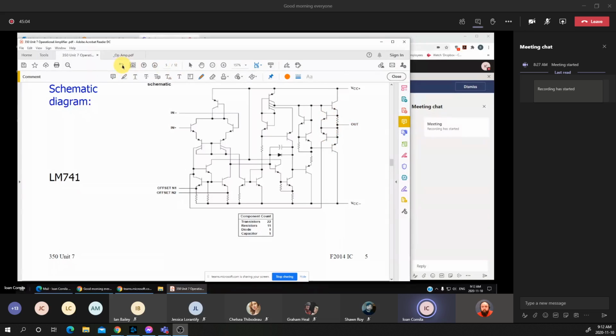Basically, we're looking at 3 blocks or 3 sub-circuits in the op amps. Basically, we have 22 transistors, 11 resistors, 1 diode, and 1 capacitor in it. You notice, as I mentioned, an integrated circuit may have multiple semiconductors. In this case, we have 1 diode and 22 transistors, as well as multiple resistors: in this example, 11 resistors and a capacitor.